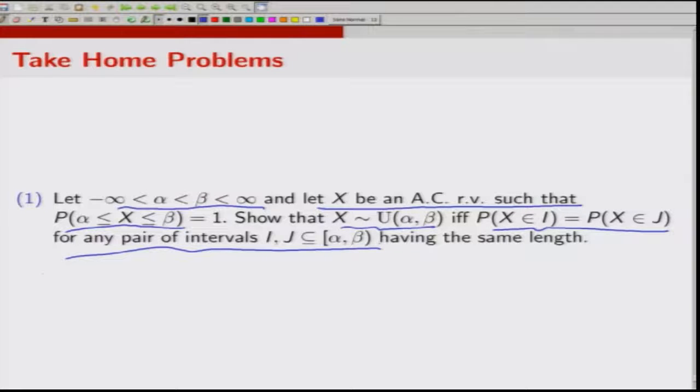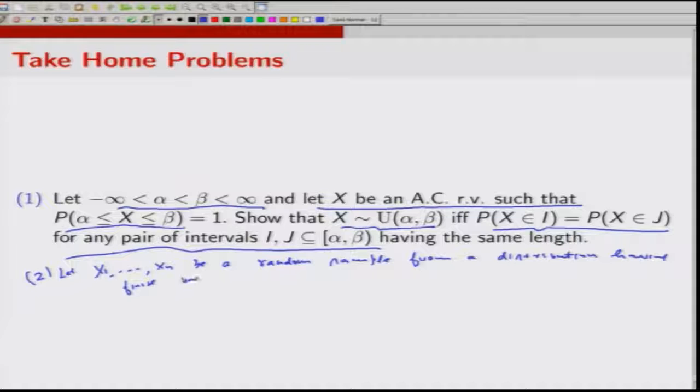Let me give another exercise. So let x1, x2, ..., xn be a random sample. That means they are IID from a distribution having finite mean mu and finite variance sigma square.